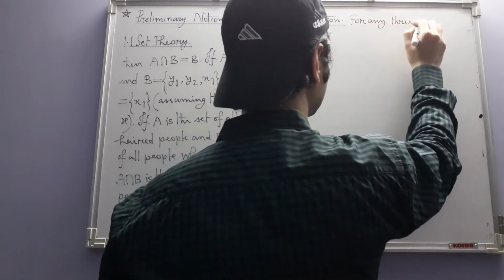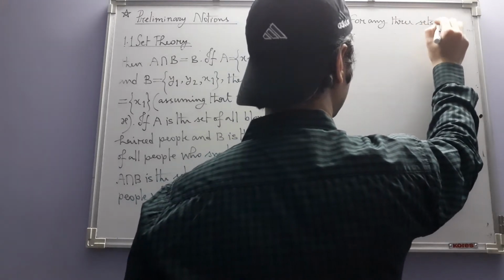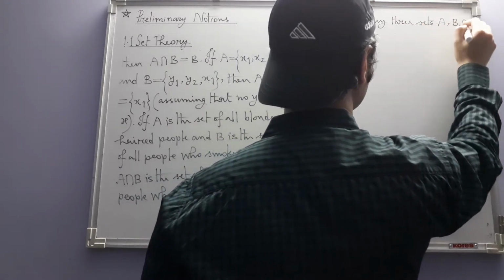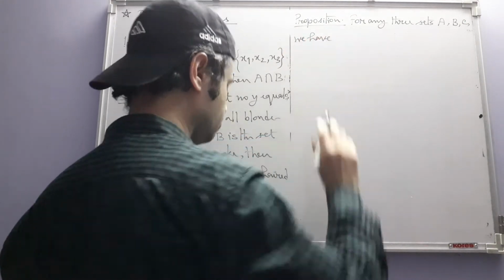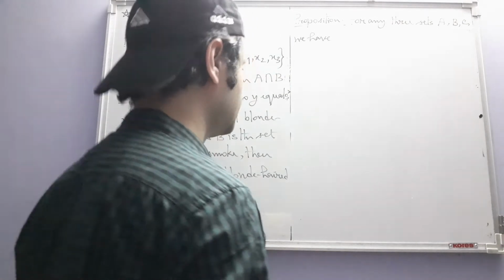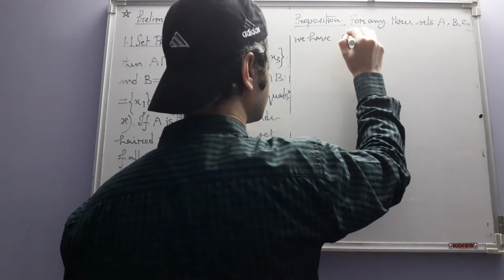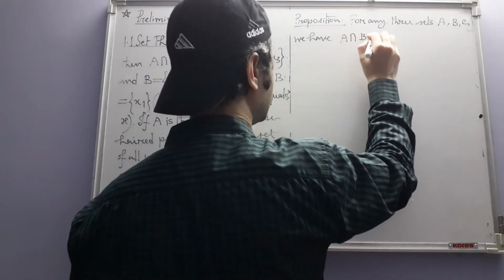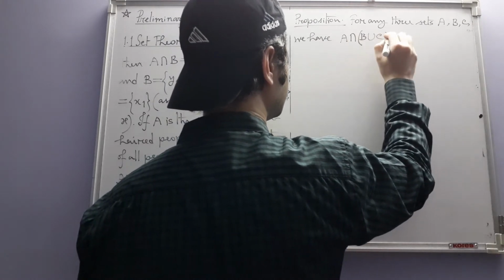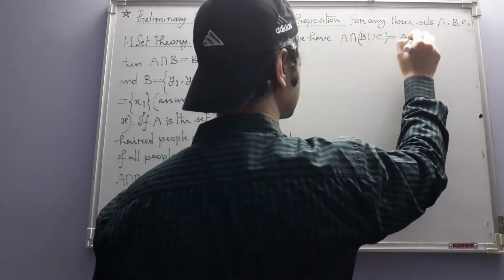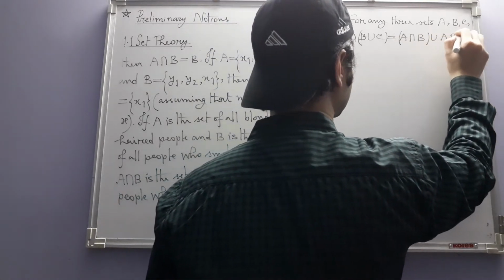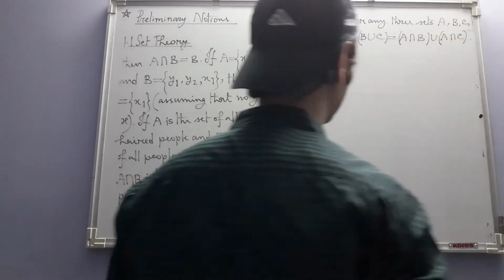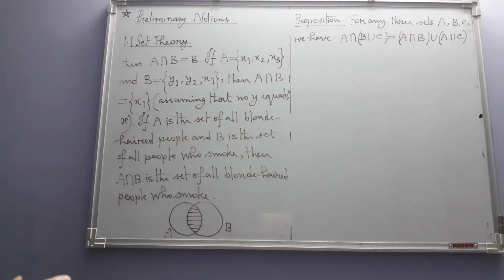For any three sets A, B and C, we have this. First we have intersection, then union. A intersection B union C equals A intersection B union A intersection C.